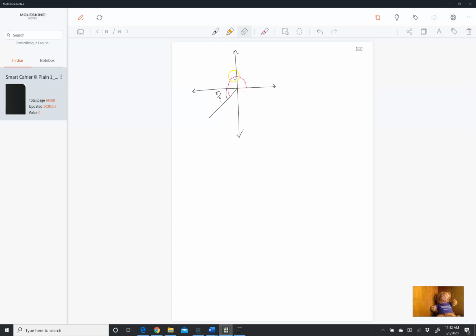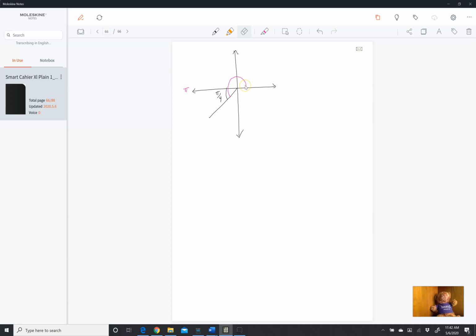Well, from here all the way around, this is pi, right? So what are we doing? We're walking a distance of pi, and then we're going an additional pi over 4.